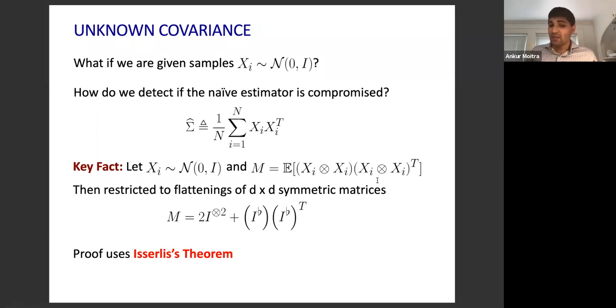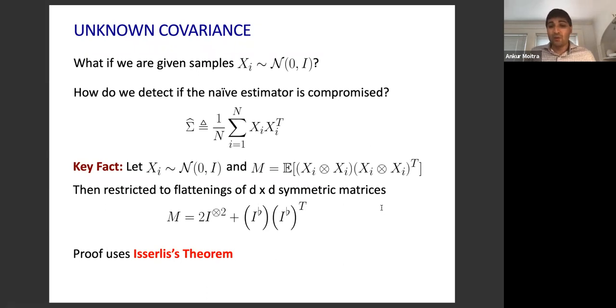That matrix M is a d squared by d squared matrix. And if you restrict it to the right subspace, it has a very elegant and useful form. It's 2 times the identity tensored with itself plus this, which is I flat. So what I mean by this symbol is that you take the d by d identity matrix and you flatten it into a length d squared vector. And you take it times its own transpose.